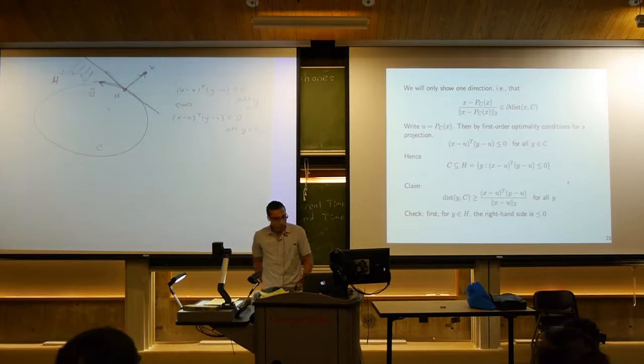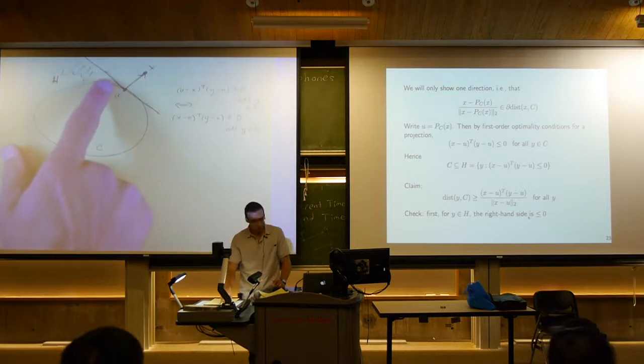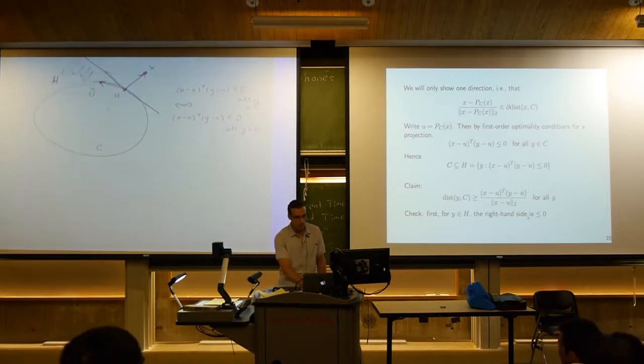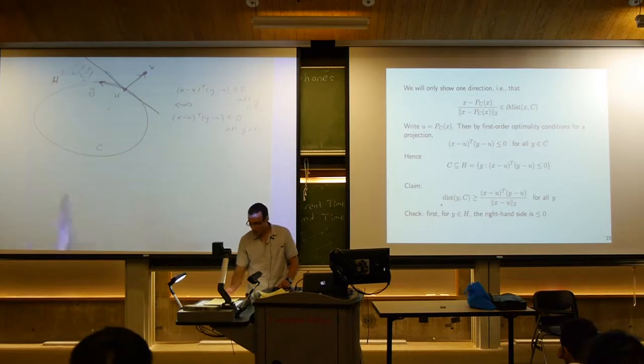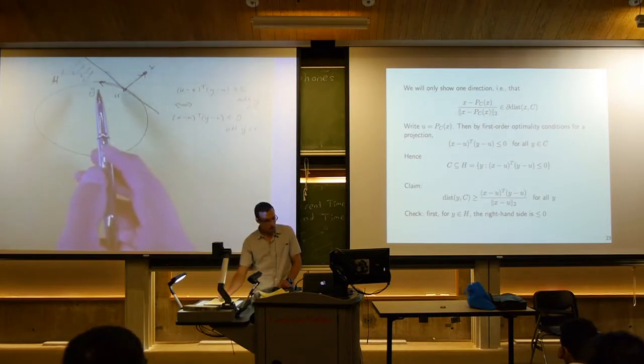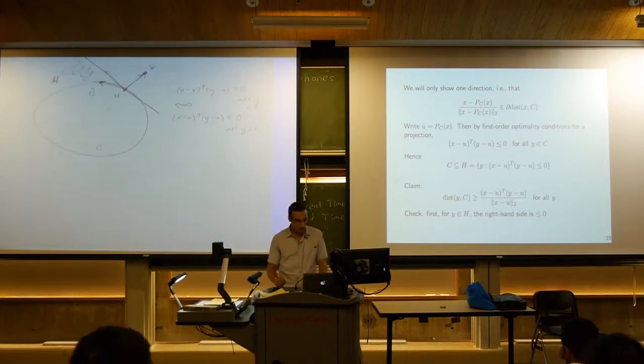So one thing that I think is very natural to see once you look at this picture, but is maybe only slightly less natural if you look at it mathematically, is that we can bound the distance between any point y in the set C via this guy right here.